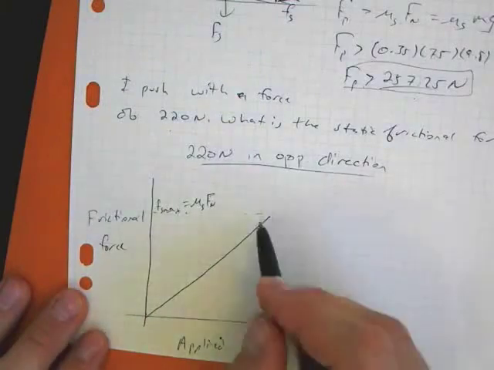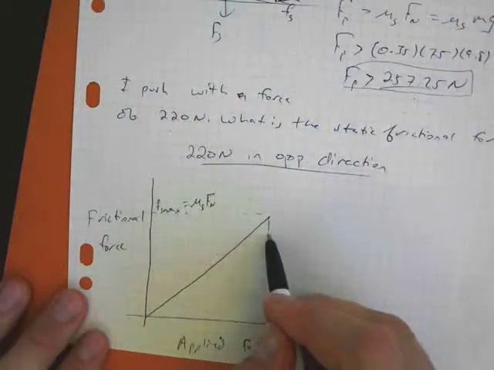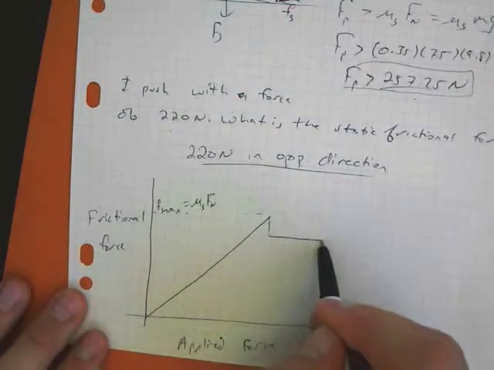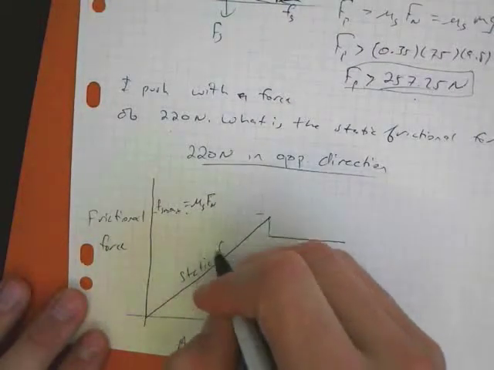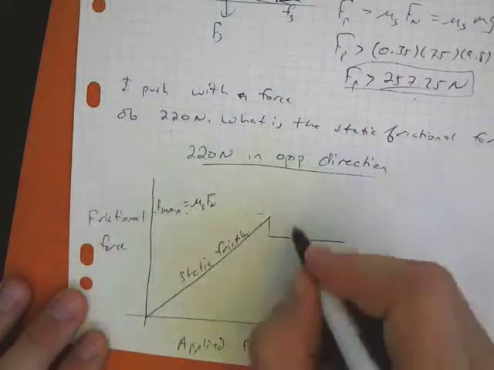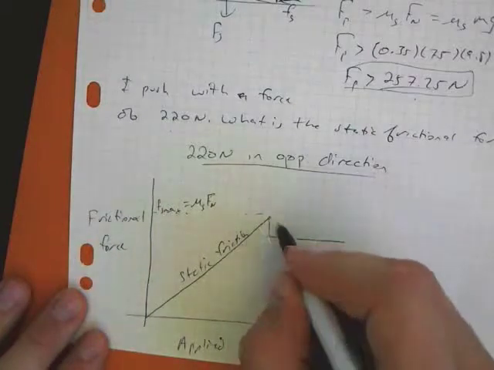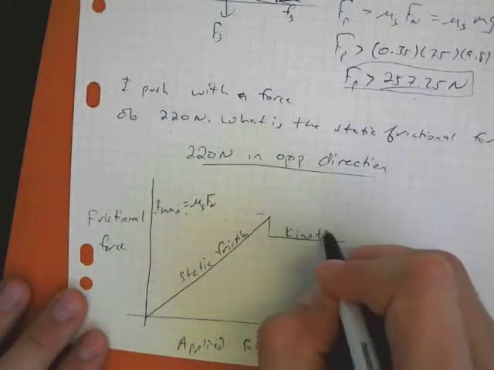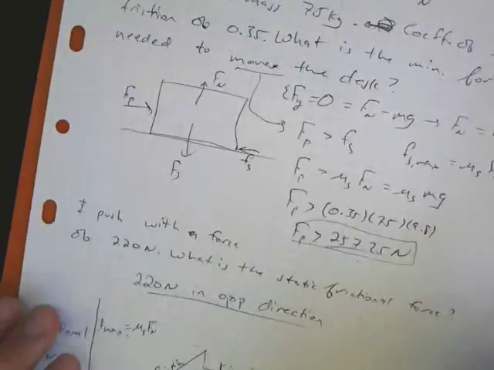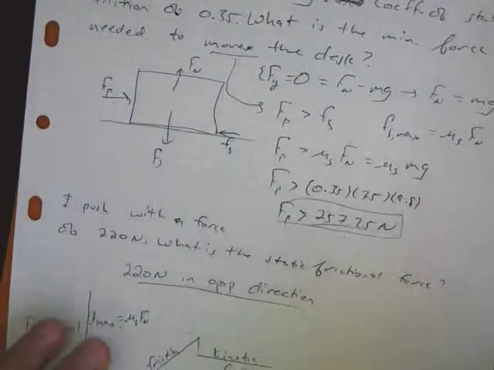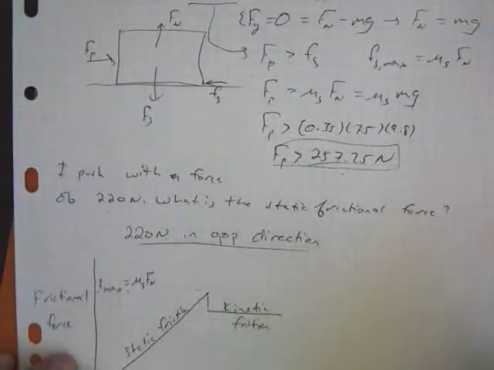And then this is going to drop down, and this all the way here is static friction. And then once we apply enough force, the object will start moving, and then we have kinetic friction. And kinetic friction, I mentioned that it's easier to keep an object moving than it is to start an object moving.